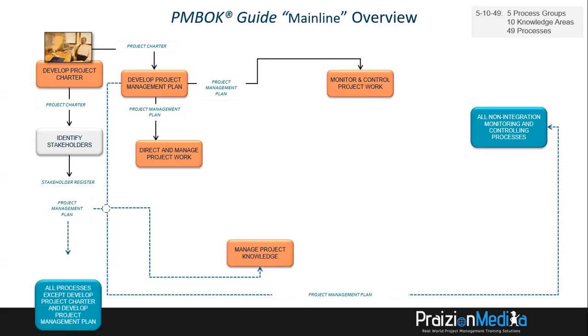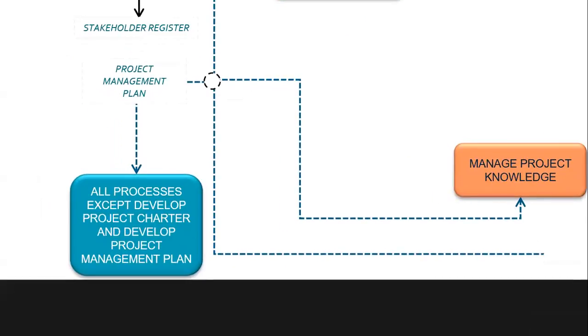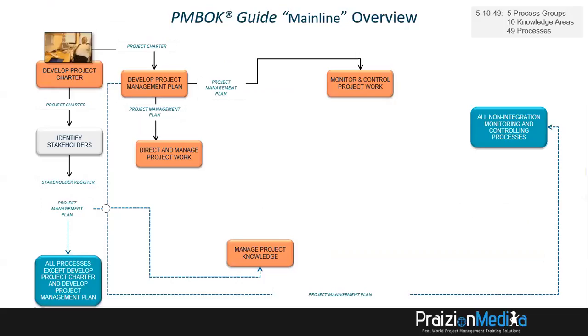But let's zoom in to this final entry here to show you that the project management plan actually goes to every process in the PMBOK Guide 6th edition, with the exception of develop project charter and develop project management plan itself. All the other 47 processes use the project management plan as an input.